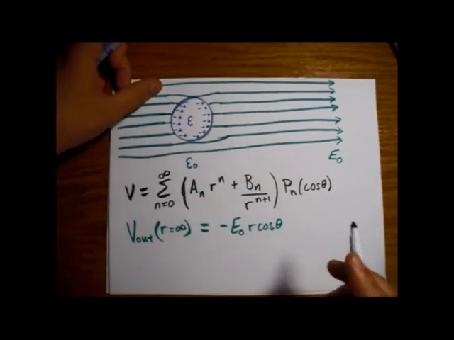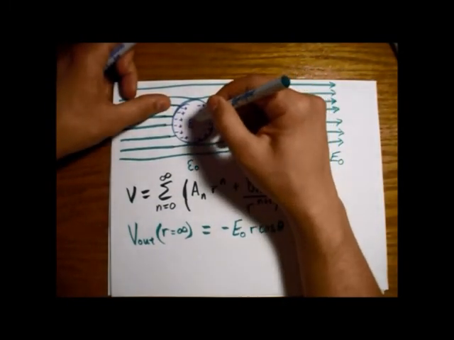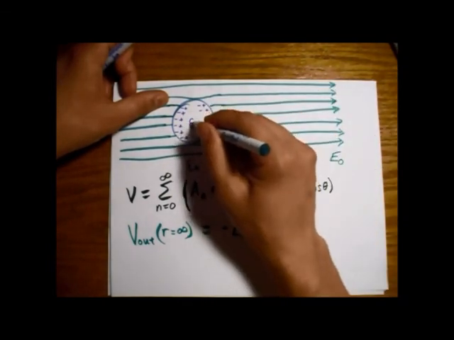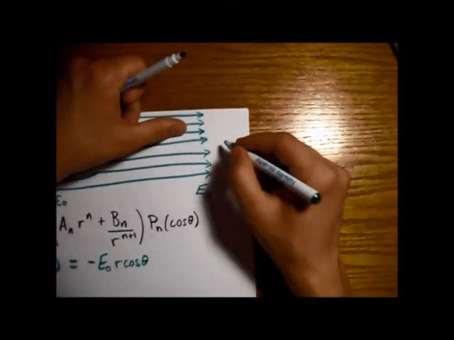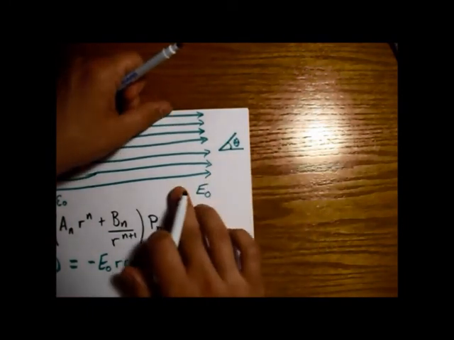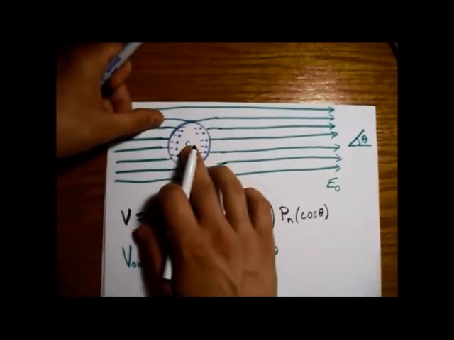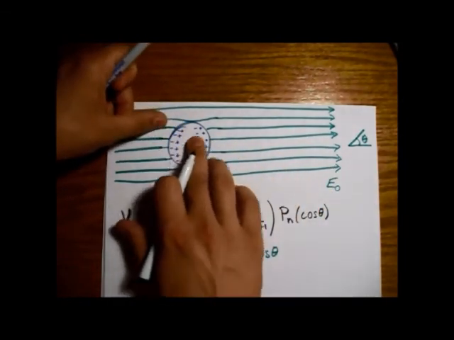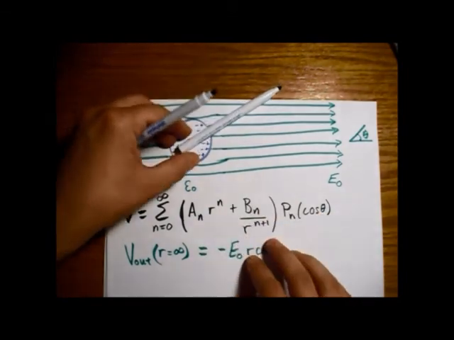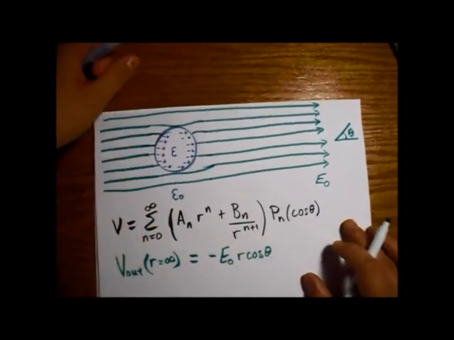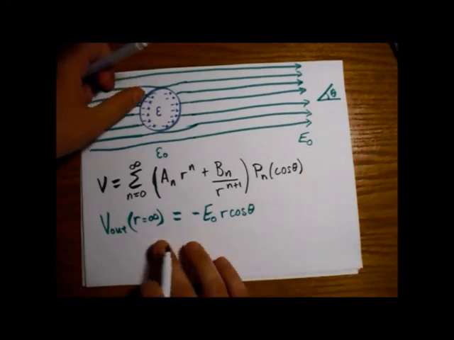And theta is basically the angle with respect to this external field. So generally we'll take our coordinate system to be the center of the sphere with this angle here as theta. All right, so very, very far away.